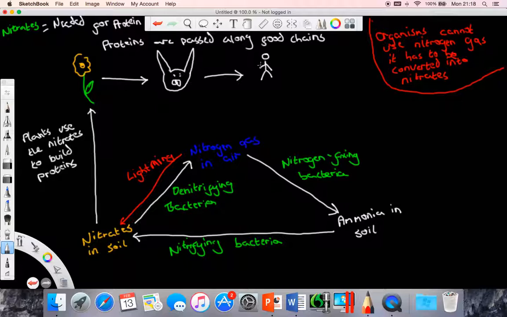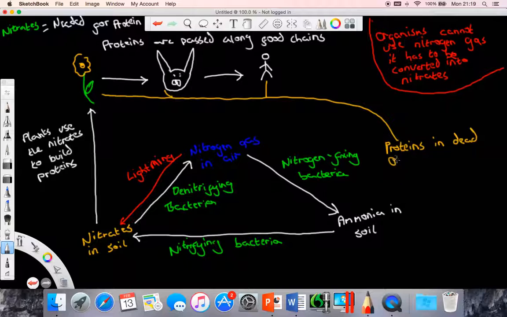So the plants absorb the nitrates in the soil to build proteins, and then the proteins are passed along the food chain. Now, all these living things can eventually die. Well, they do die. And what happens is they get broken back down into ammonia in the soil. So if we switch to a yellow, we'll say proteins in dead organisms.